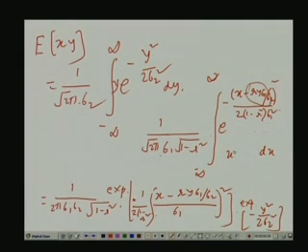In fact, if you want, you can replace this x by x prime, dx prime, and you can call it x prime minus this whole square divided by this thing. So, what is x prime? X prime is a random variable whose mean is given by this r y sigma 1 by sigma 2, and variance is 1 minus r square sigma 1 square. So, this density is multiplied by x prime and integrated. So, I will get the expected value or the mean value of x prime, which is nothing but this quantity. So, that will emerge.